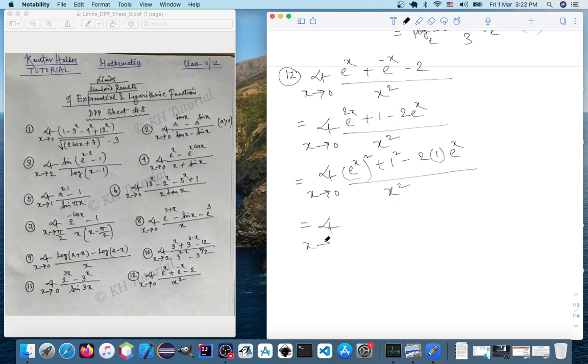So this is e to the power x minus 1 whole square. Okay, so we can write it as e to the power x minus 1 by x whole square. If we apply the standard result, this becomes 1 square. This is 1. This is the answer. Okay, that was all.